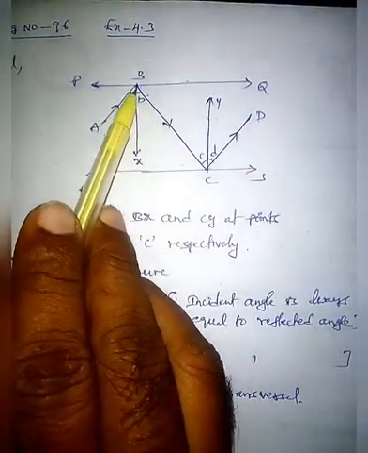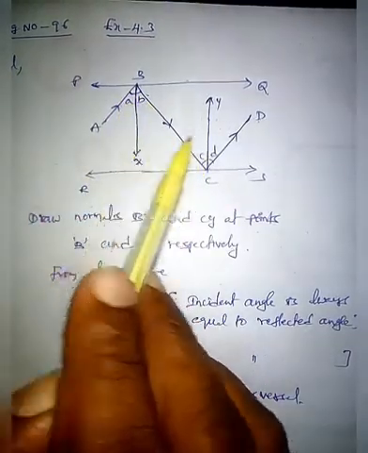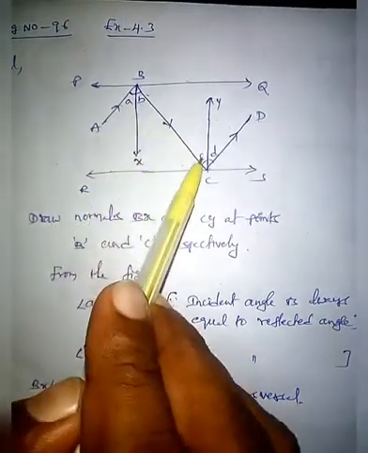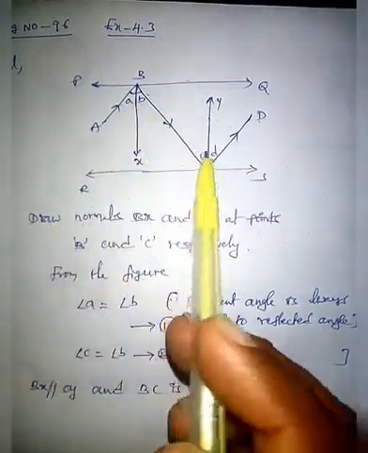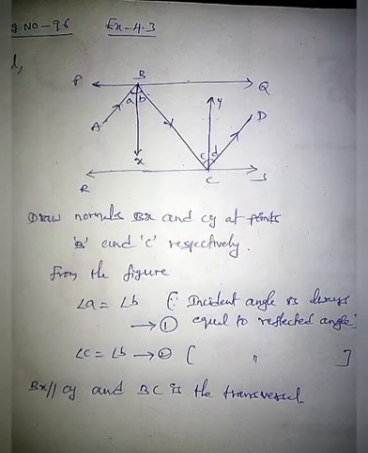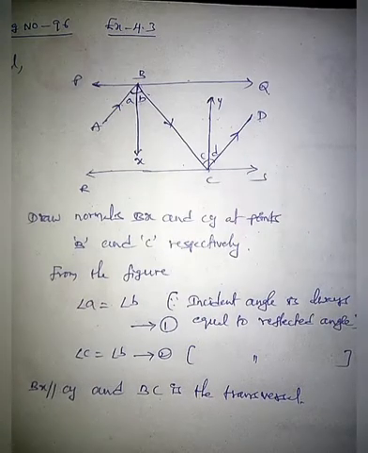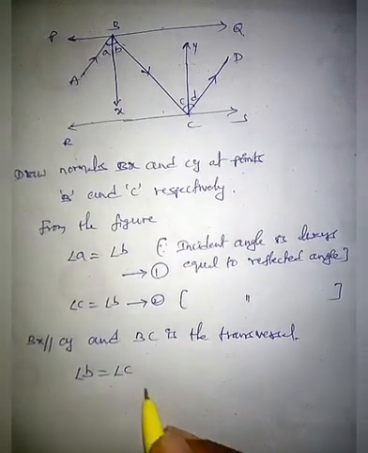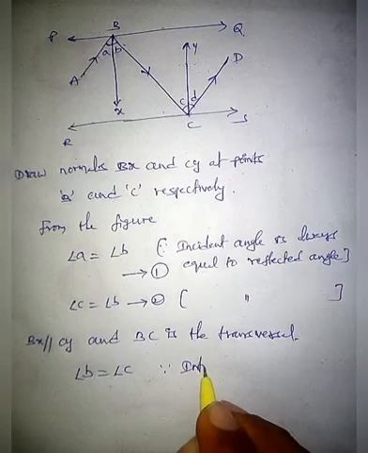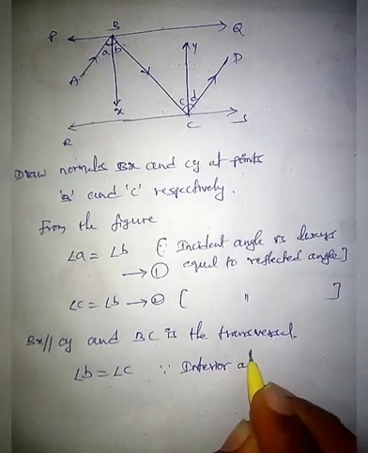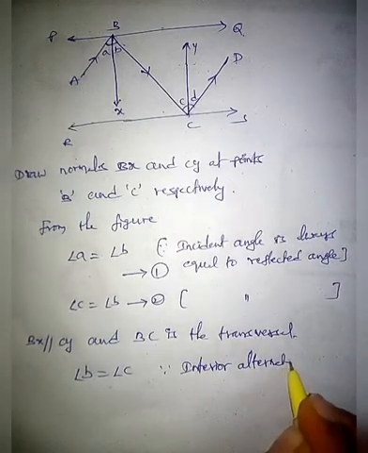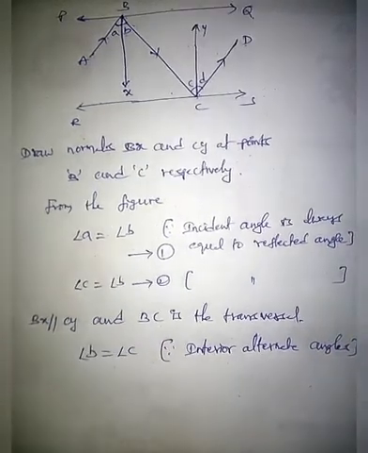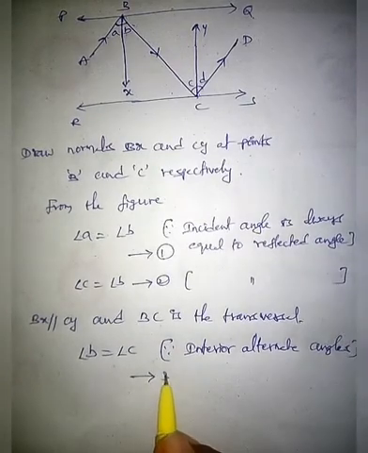Therefore, these two are parallel lines and this is the transversal. That's why angle B and angle C are interior alternate angles. You know that when two parallel lines are intersected by a transversal, the interior alternate angles are always equal. That's why angle B is equal to angle C. The reason is interior alternate angles. Name this as equation 3.